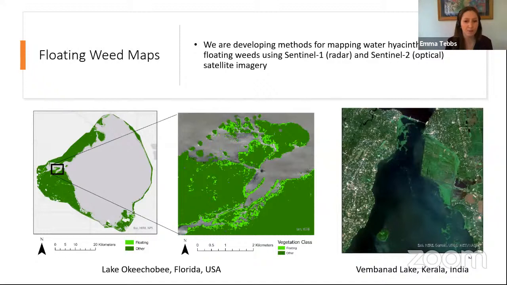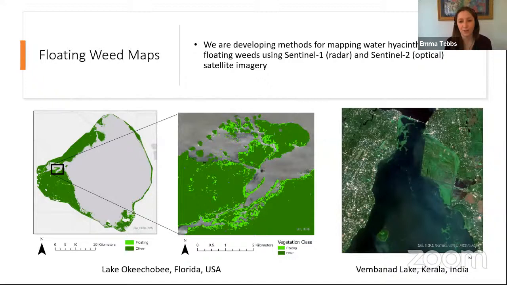We're developing methods for mapping water hyacinth using new satellite sensors, including both Sentinel-1, which is a radar satellite, and Sentinel-2, which is an optical satellite. These images at the bottom show Lake Okeechobee in Florida, which is one of our key case study areas.